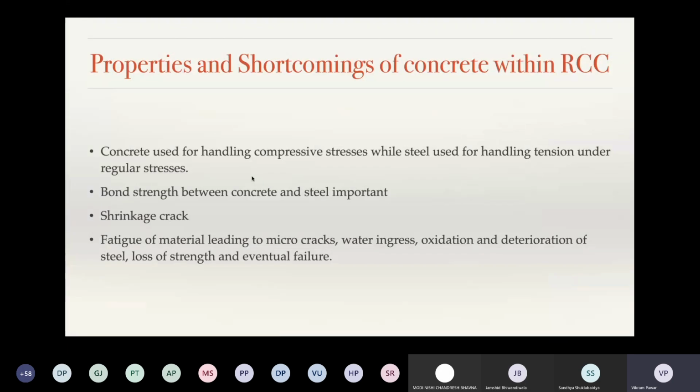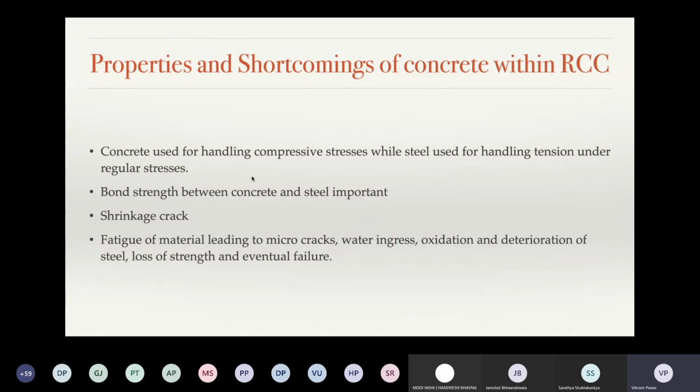Okay. So why do we use pre-stressed concrete? What are its advantages? What are the properties or shortcomings of regular concrete, that is RCC? Number one, in spite of the fact that we want to see reinforced concrete as a unified monolithic structure, conceptually in our minds we are always thinking about concrete separately as well as steel separately.